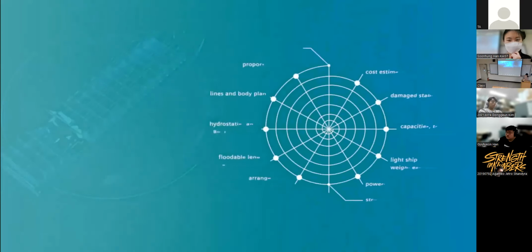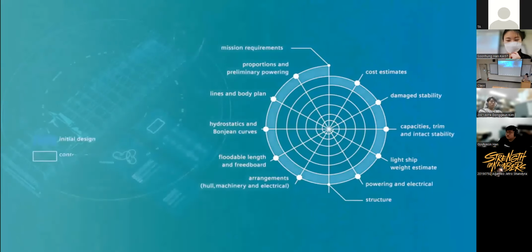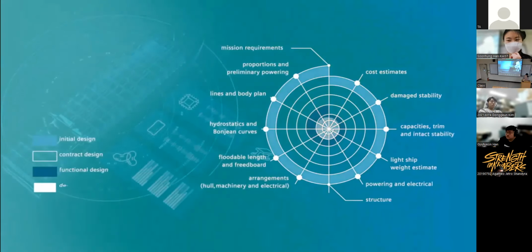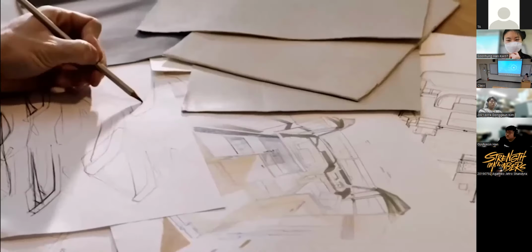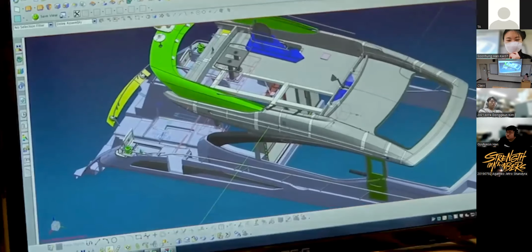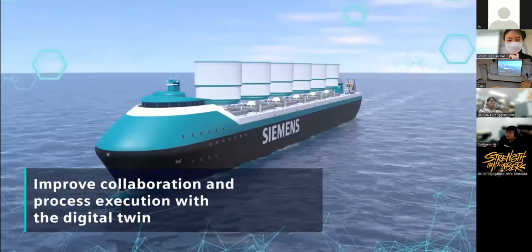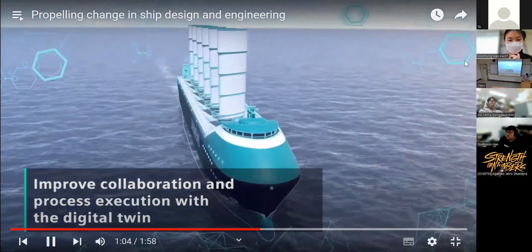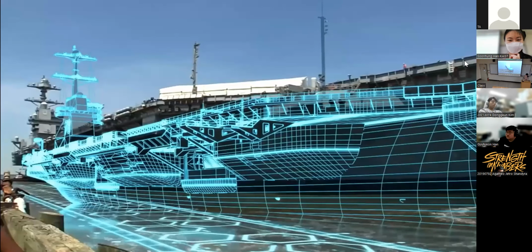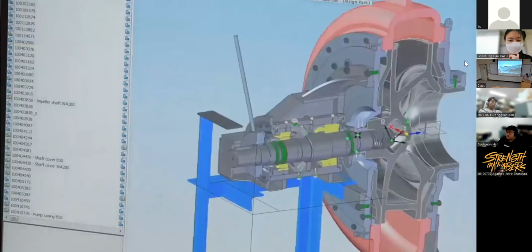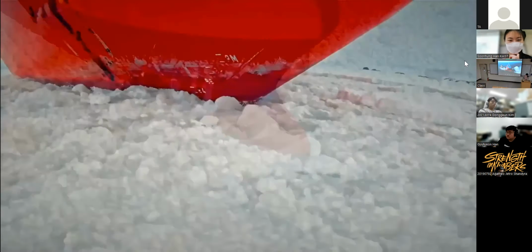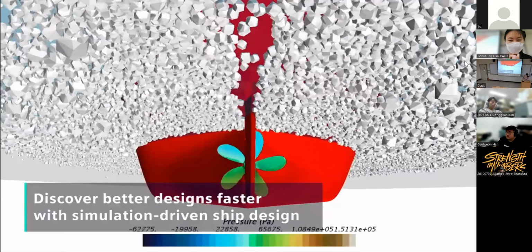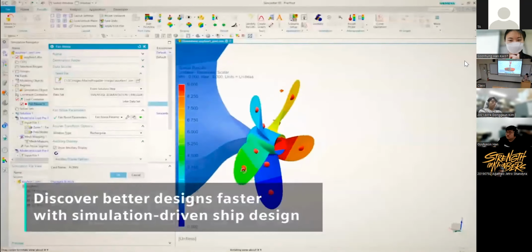Remain in control of the design spiral by bringing all your multidiscipline design processes into one integrated environment, from initial design to production design. Improve collaboration and end-to-end process execution by creating a digital twin of your vessel. Use it as the single source of truth to manage all its mechanical, electrical, and software features. Discover better designs faster with simulation-driven ship design.